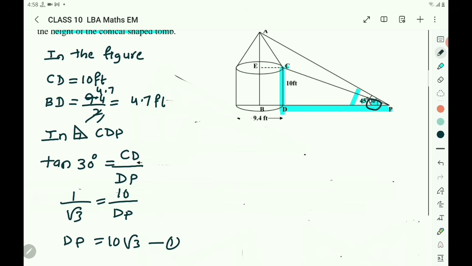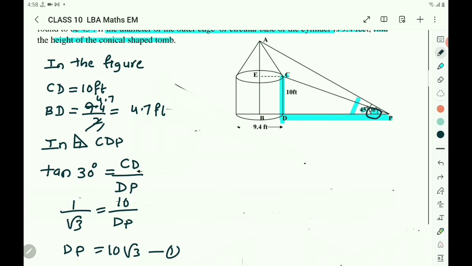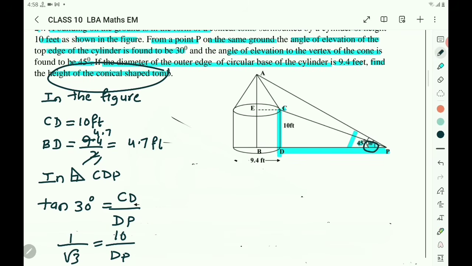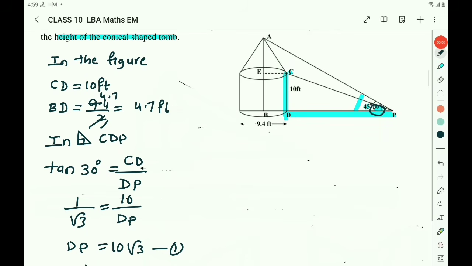Now you get the triangle APB. In the right angle triangle APB, here we have to find out AB. If you get AB, you will get AE, that is the height of the conical portion. Here we have to find out the height of the conical shaped dome. Then you take in the right angle triangle ABP.